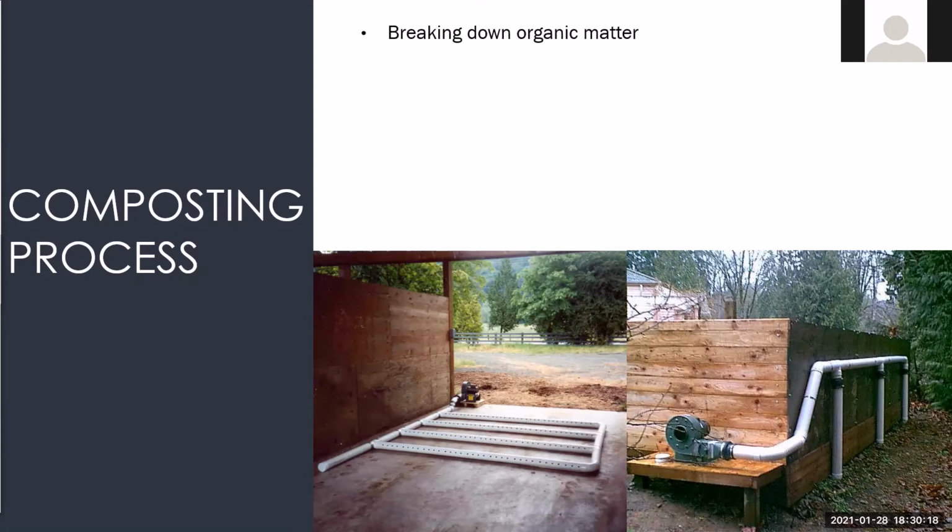Through this process, we're breaking down that manure into organic matter. It's fueled by oxygen and aerobic bacteria, so as we turn the pile and have these aeration systems through it, we're introducing more oxygen, and that's going to speed up microbial activity.